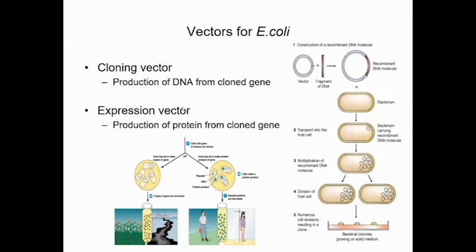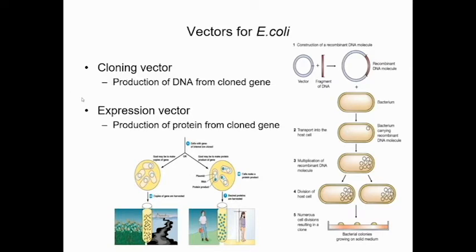The second type of vector is called expression vector. So the cloning vector, on the left side here, is just to reproduce the DNA of interest. That's the cloning vector, which is very important because after you clone that specific DNA, you will be able to study the function of that specific gene.